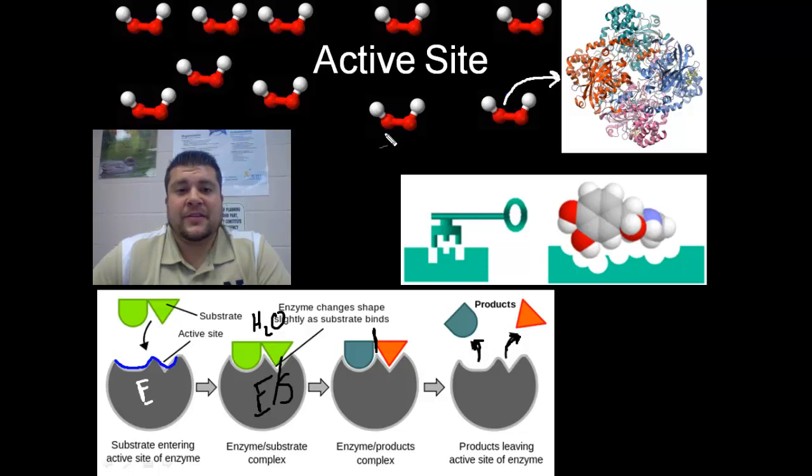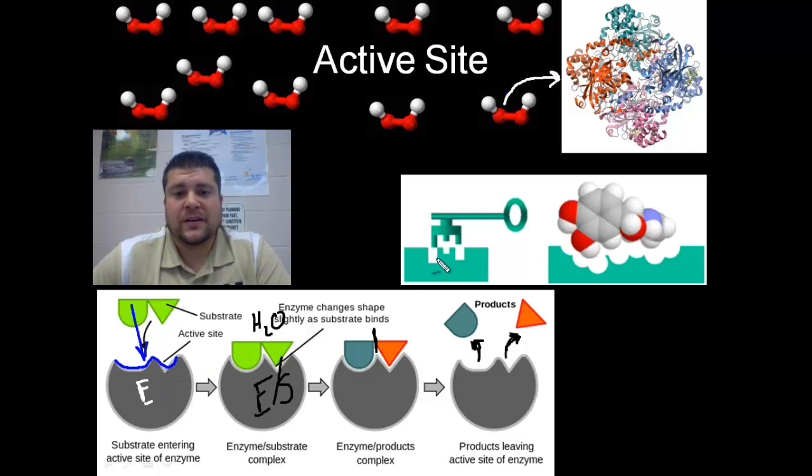In this lab that you're going to be doing, you'll see that there are other items that were used besides hydrogen peroxide. And so what we're going to see is that only hydrogen peroxide is going to be broken down by catalase. And the reason for that is because this substrate right here fits into this enzyme specifically.